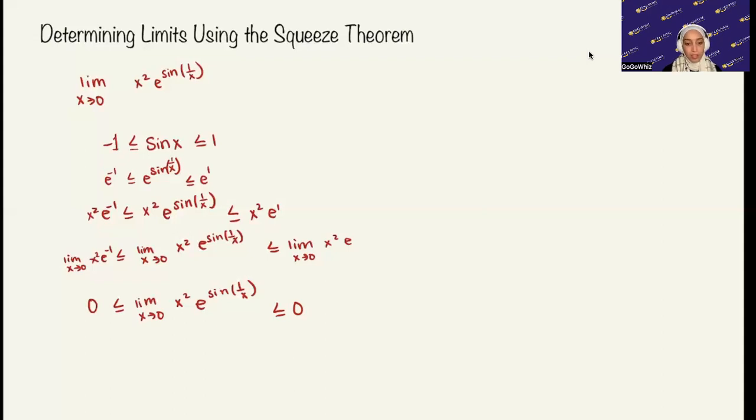Like, that doesn't make sense. It's just going to be that point. Okay. All right. So then I'm just saying then that the limit as x approaches 0 of x squared e to the sine 1 over x is all going to equal 0 using squeeze theorem.